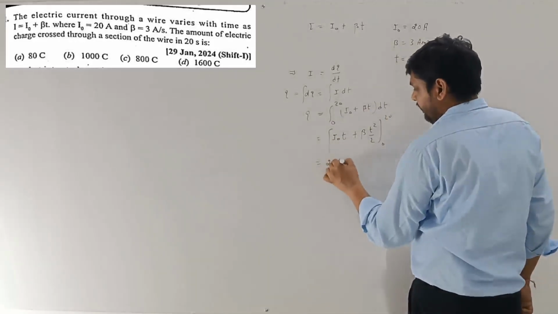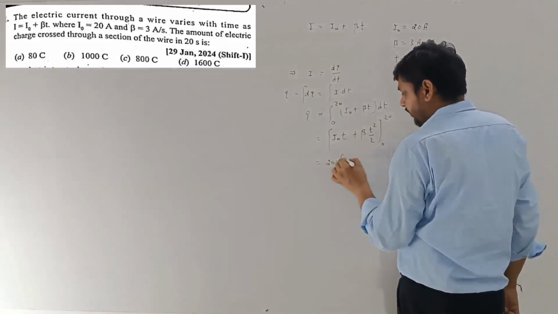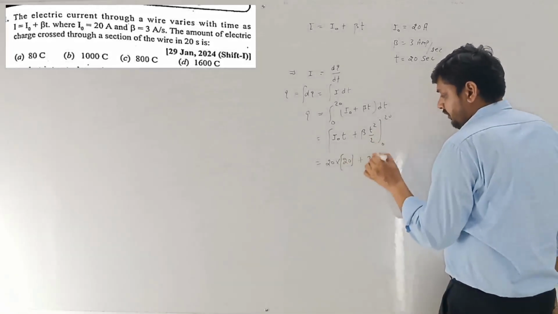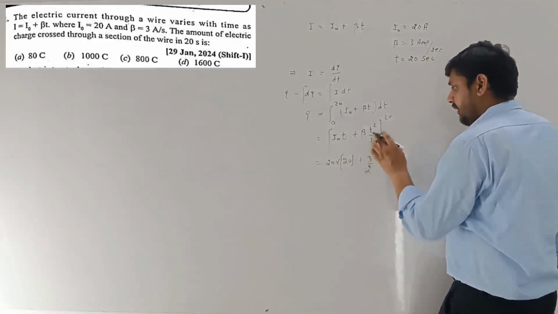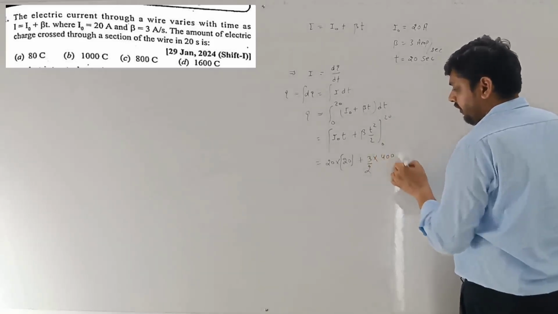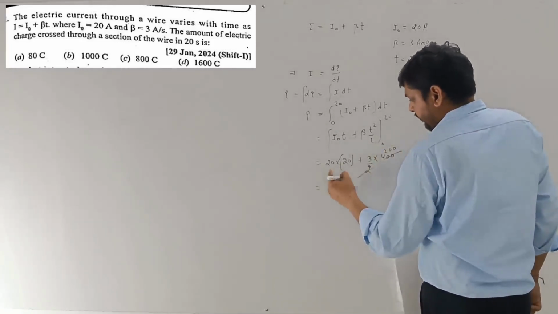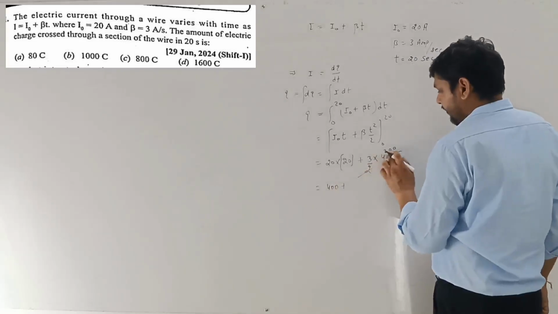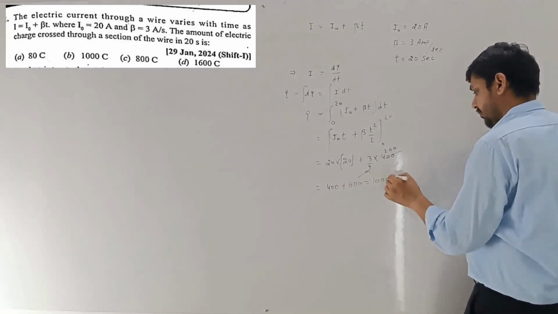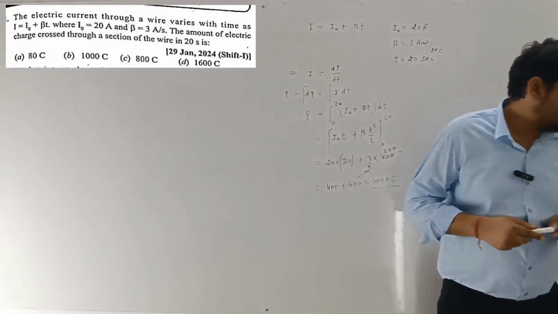Now it is 20 into 20 plus 3 by 2 into 20 square minus 0, and 20 square is 400. Simplifying, 400 plus 600, so the value becomes 1000 coulomb. This is the total charge in 20 seconds. Option B is correct.